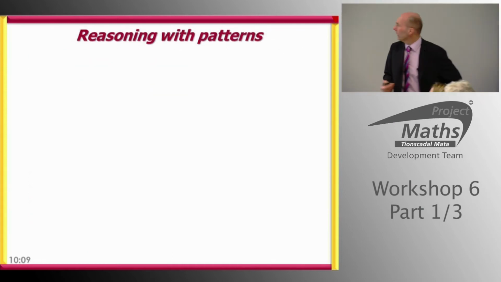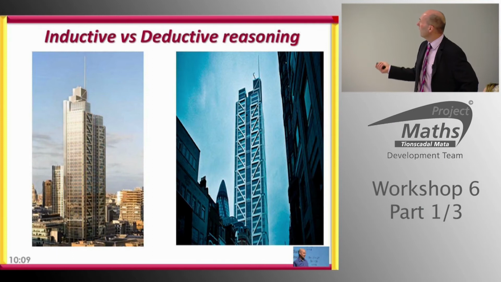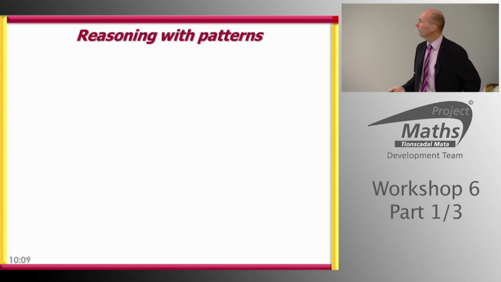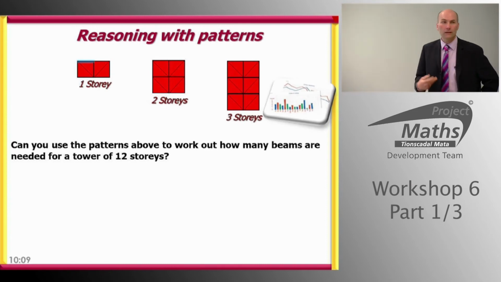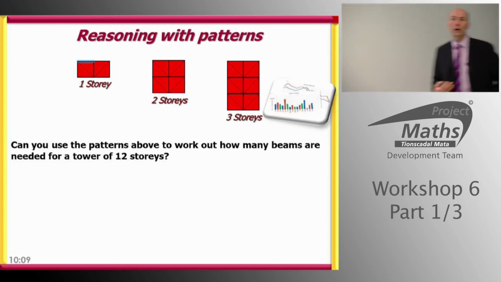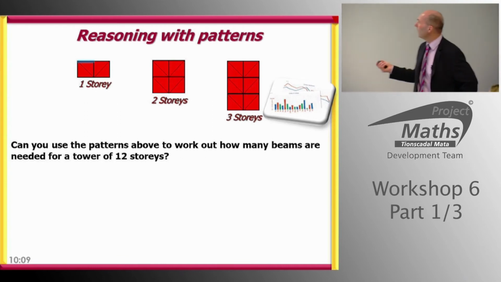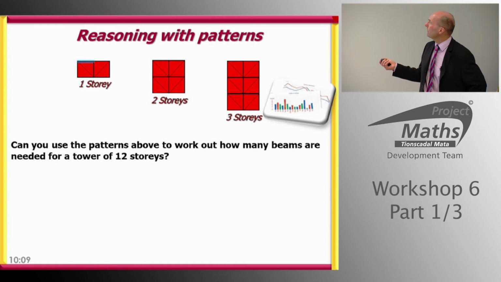So here we have some buildings, and we're going to look at a pattern for these structures, okay? So here's 1 story, 2 stories, 3 stories. I'm going to try and see if we can look at patterns to predict how many beams are needed for 12 stories. Now, how many beams are needed for 1 story?